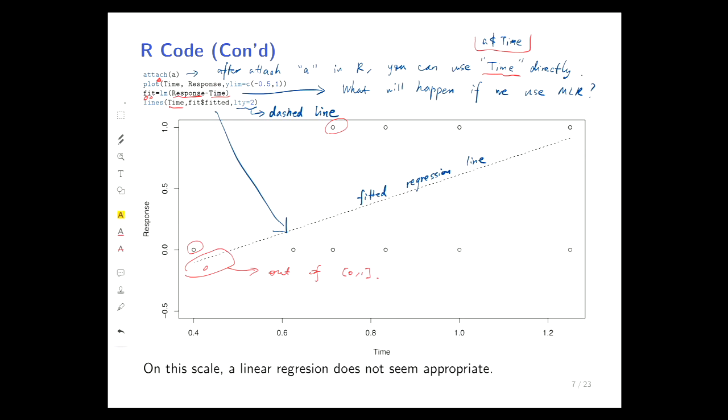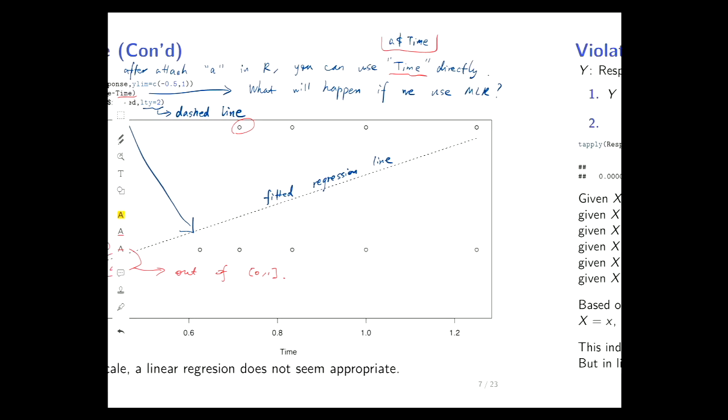So in this case, this regression line seems not that appropriate. That's our motivation to propose some new modeling. Using the classical regression line can result in some negative values for the prediction or the fitting of the response variable. So that seems to have some problem.